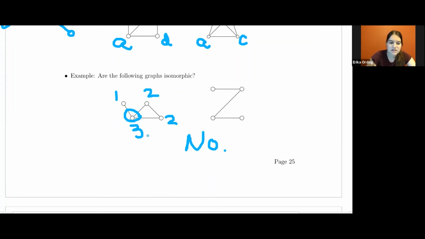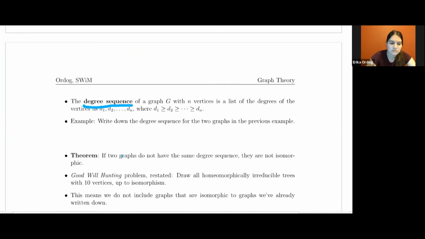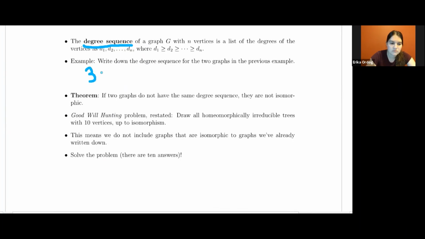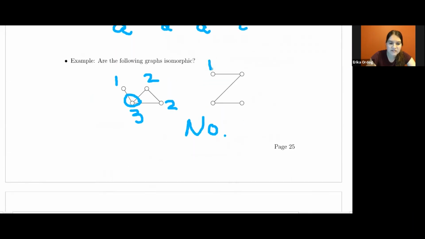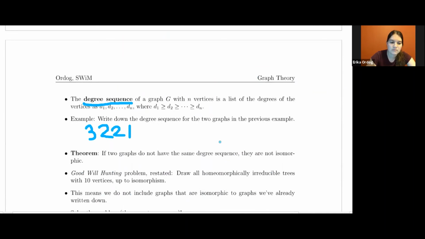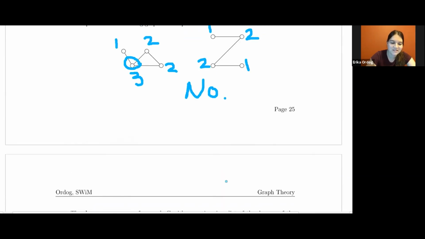So our degree sequence will be 3, 2, 2, 1. Then for this second graph, we have a vertex of degree 1, a vertex of degree 2, and degree 1, and we need to go in non-increasing order. So our degree sequence is 2, 2, 1, 1.